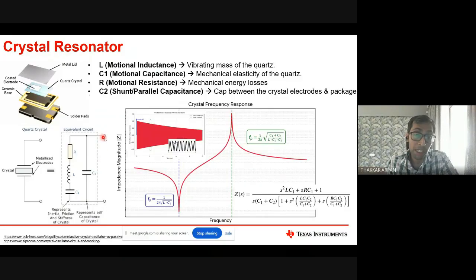Now imagine, if you want to move this frequency, how can you move it? If you have two choices, either you put a zero capacitance or you put an infinite capacitance, right? If you put a zero capacitance, then it is going to be this response only, exactly the same. But if you put an infinite capacitance, then what will happen to this frequency?